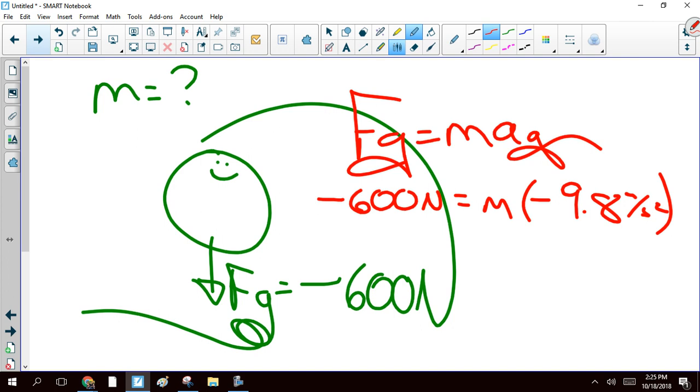And I point all this out because the negatives will cancel, resulting in a mass that is positive, whatever it is, 61 kilograms or whatever it is. Cool? You can't have a negative mass because you can't be made up of a negative amount of matter. Cool? All right. Those were the general things I wanted to talk about.